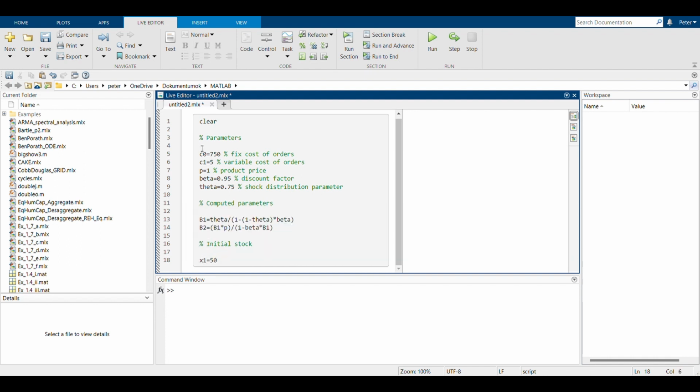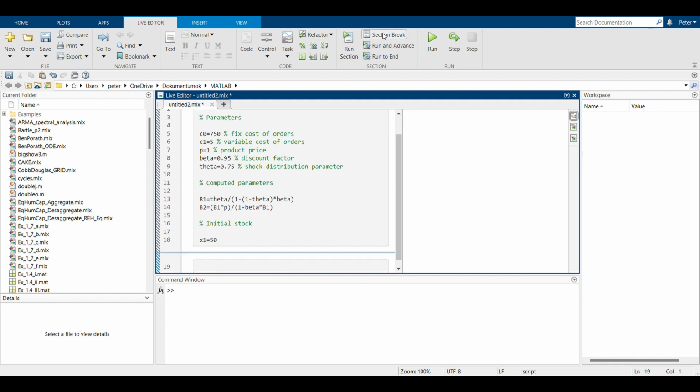Okay, here we can take a section break, and now as the next step we are defining the Markov chain of exogenous demand shock.